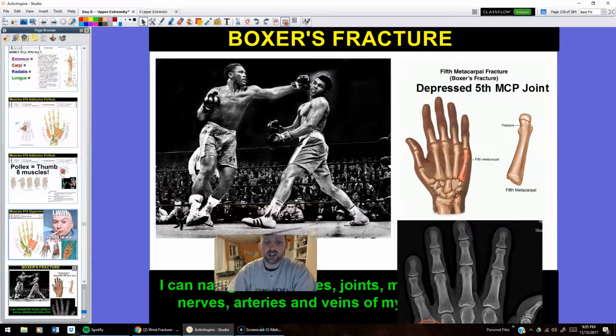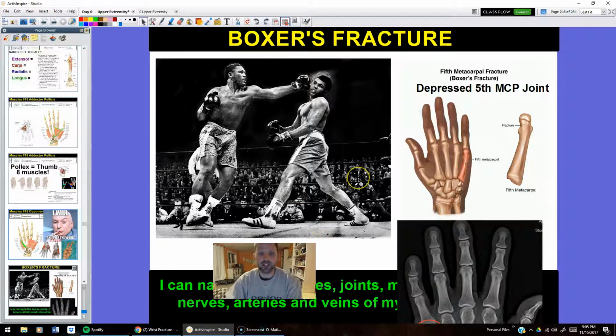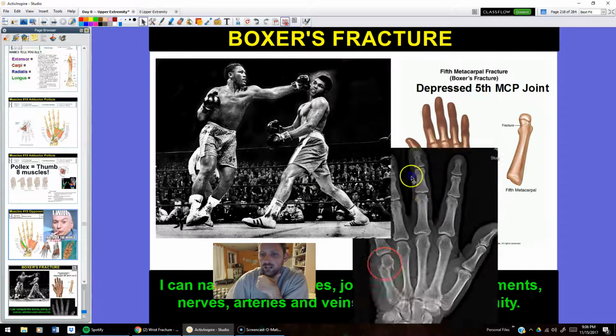How this applies to an injury, really brief injury. The boxer's fracture is a really common one. Isn't it just suffered by boxers? This is oftentimes suffered by stupid people who are hitting, and by stupid people I mean maybe over-emotional people who are punching walls when they're angry. This is an injury, guys, to the 5th metacarpal or the 5th metacarpophalangeal joint. So oftentimes this is a fracture.